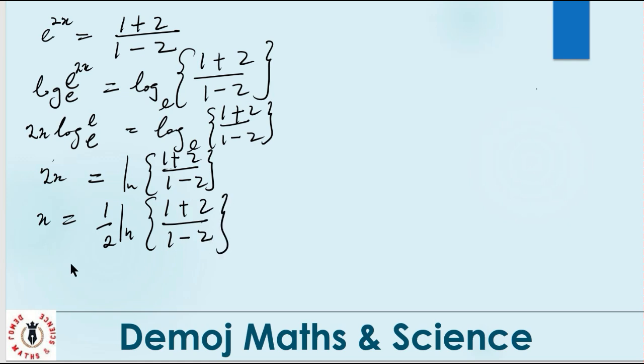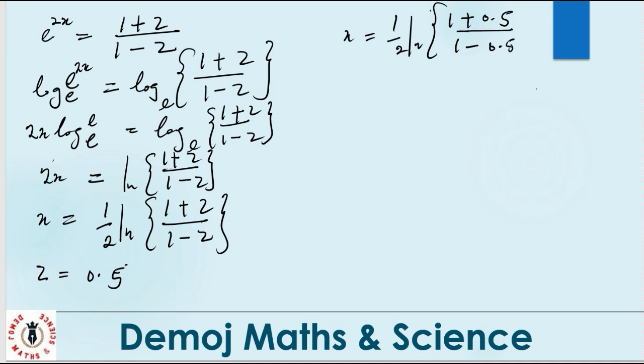Remember we took a replacement and we said z is the same thing as 0.5. So I can conveniently say that my x now is the same thing as half ln of 1 plus 0.5 over 1 minus 0.5.